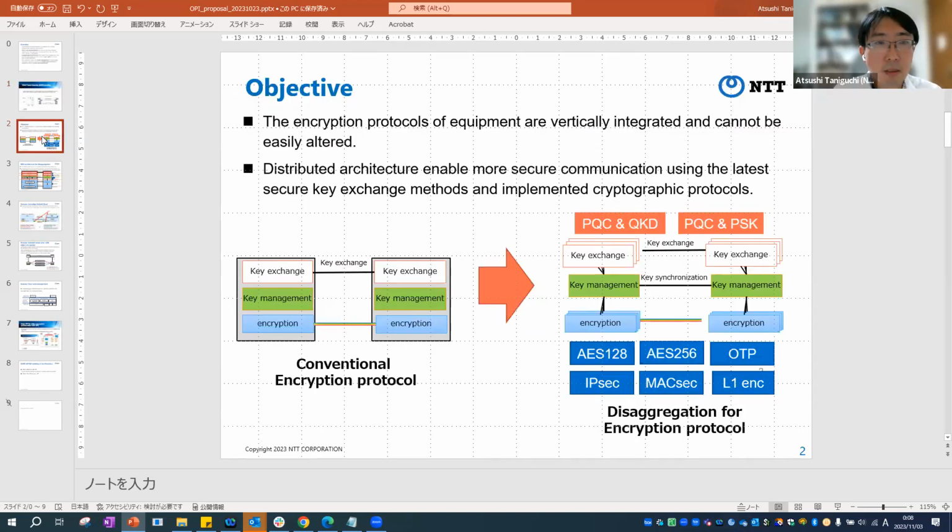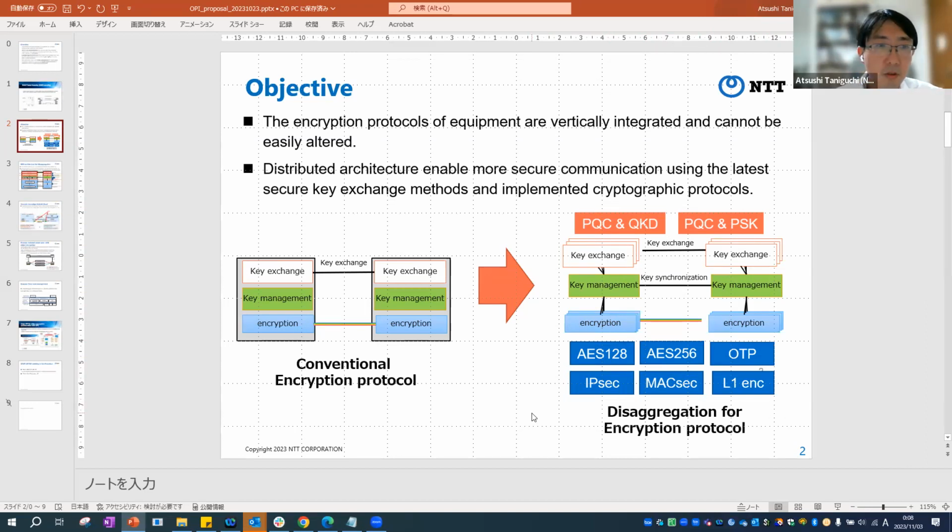But the conventional encryption protocol is vertically integrated, so it's difficult to alter easily. With the disaggregated architecture, shown on the right side, by separating the key exchange and the encryption from the key management, it is possible to exchange post-quantum cryptography or QKD or PSK, and also to use encryption techniques such as AES, OTP, IPsec, MACsec, L1 encryption.